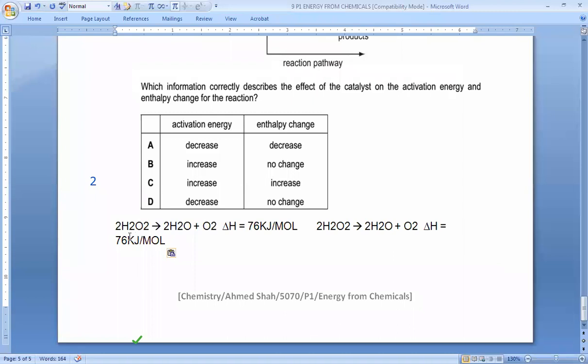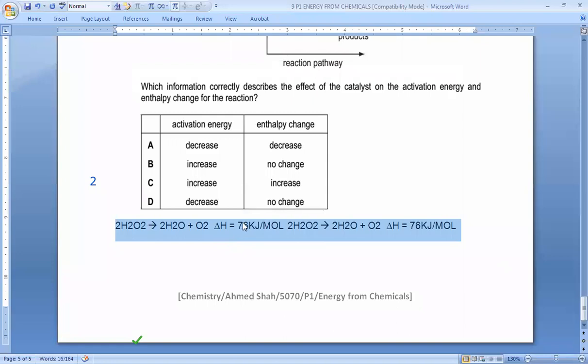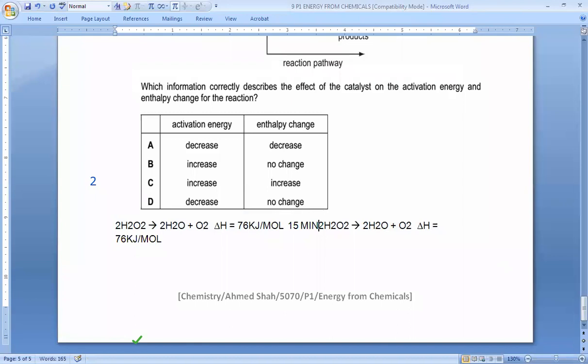If the first reaction is taking place, suppose within 15 minutes without catalyst, but the second reaction is completed in only 4 to 5 minutes with catalyst.